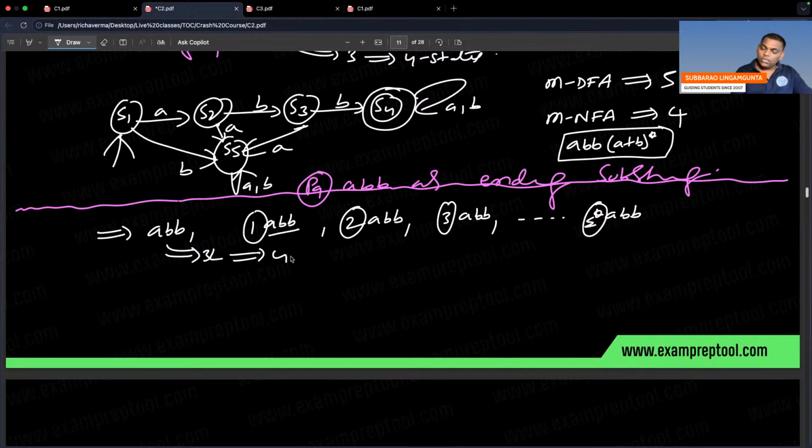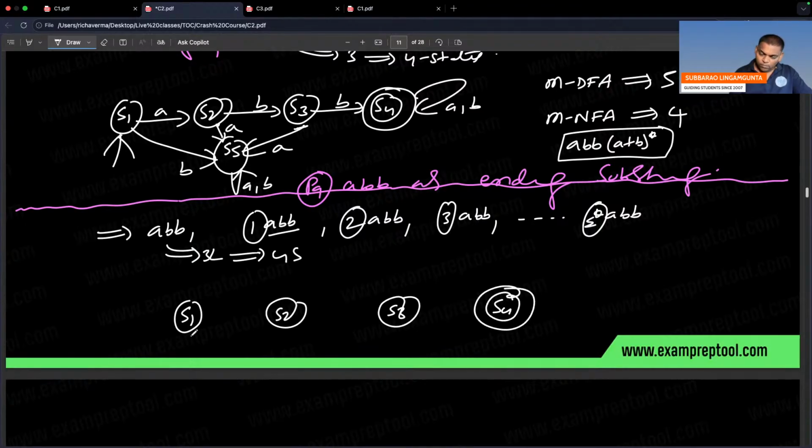So four states: start, S1, S2, S3, S4. ABB, understand this. Next one, before ABB, anything can come. But remember it is a DFA.